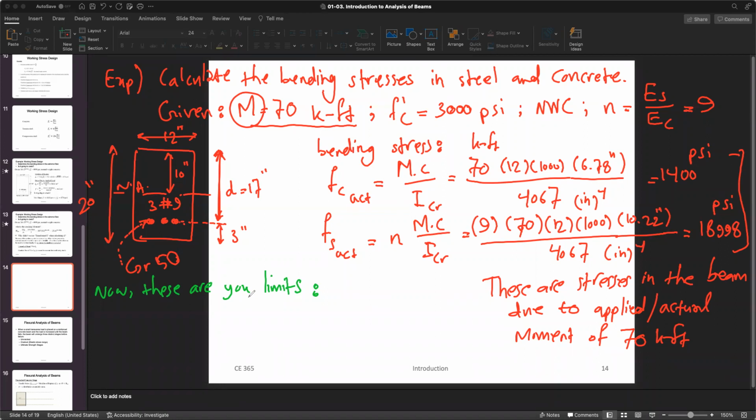For fc, you have 0.45 f'c, 0.45 times f'c given to be 3,000 psi. So it would be 1,350 psi. For the steel, the limit, as we discussed, for grade 50 would be 20,000 psi.